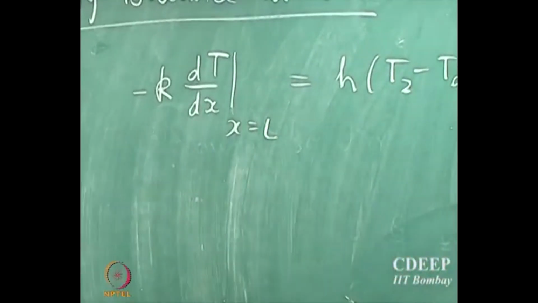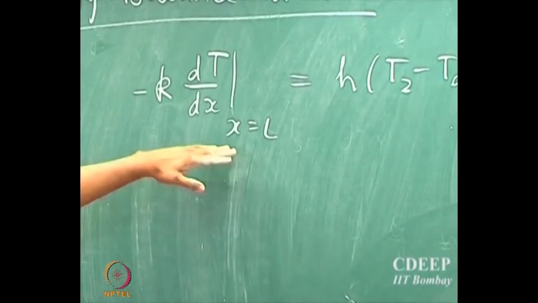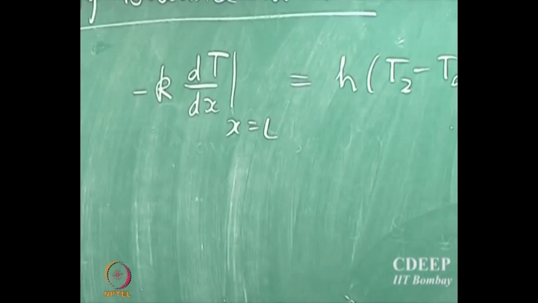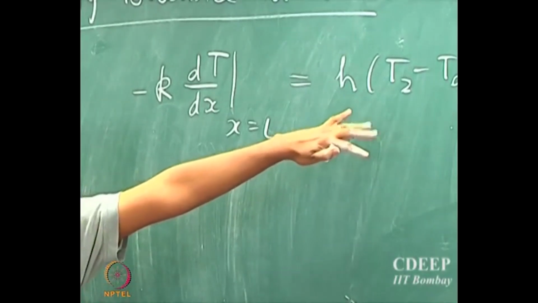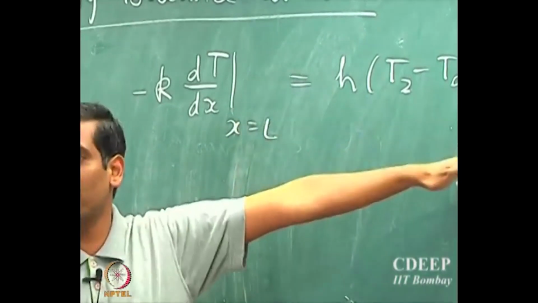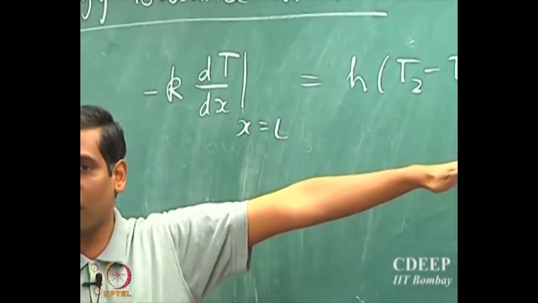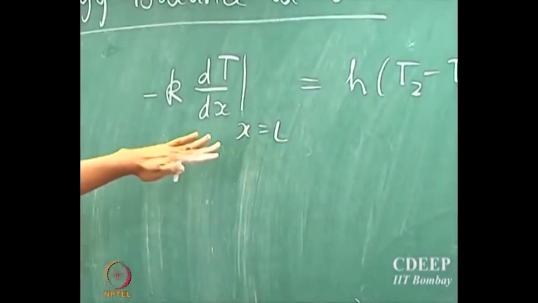So that will be h into T2 minus T infinity, right? That is at x equal to plus L. So the flux of heat that is transported via conduction at the boundary should be equal to the amount of heat that is actually transported from the solid to the fluid that is circulating around. Does everyone understand this?